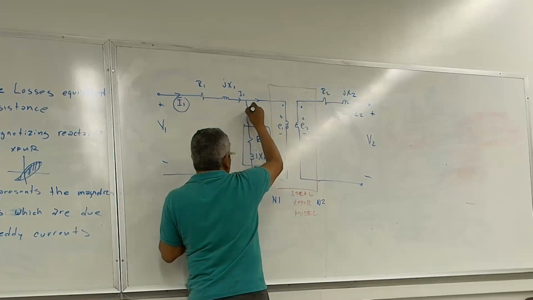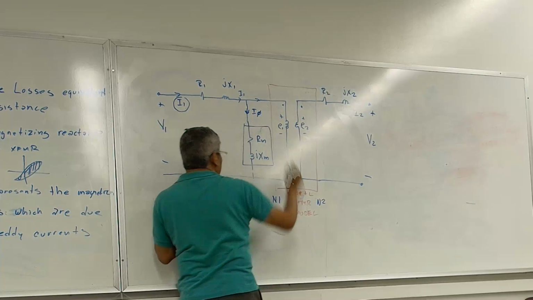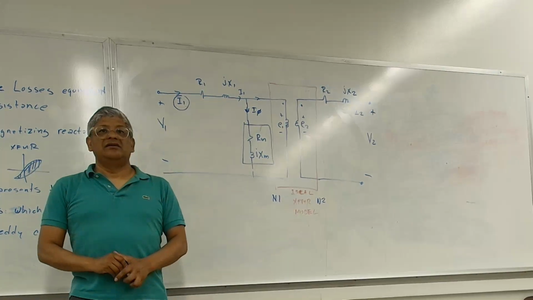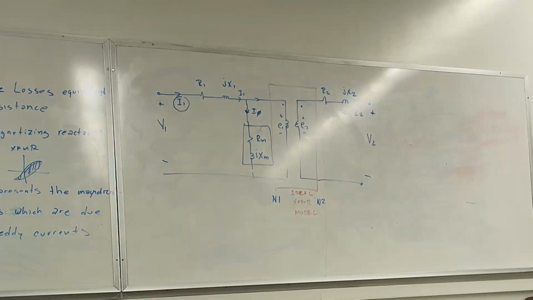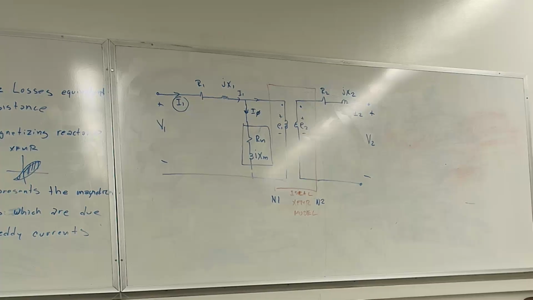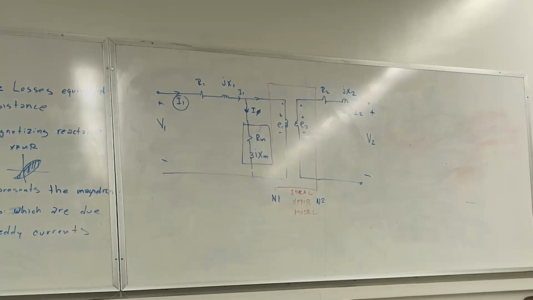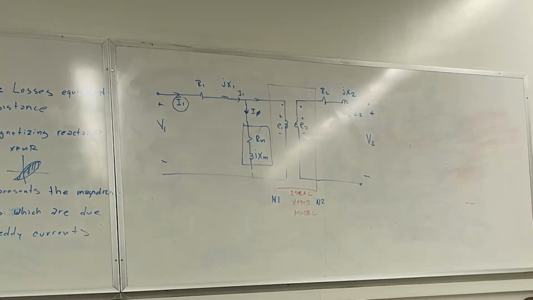There's some current going right here. I'm going to call it IP. That's the magnetization current. And you want the magnetizing current to be so small that it doesn't impair the transfer, so most of your current from the primary is reflected on the secondary.